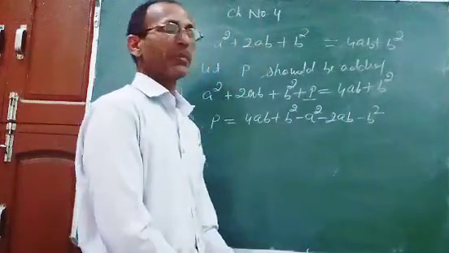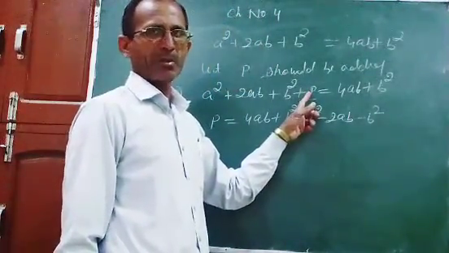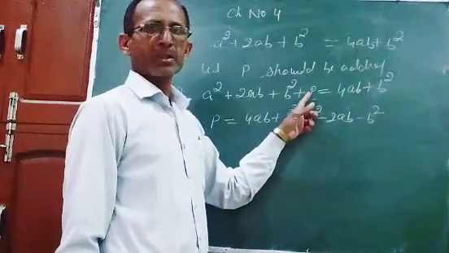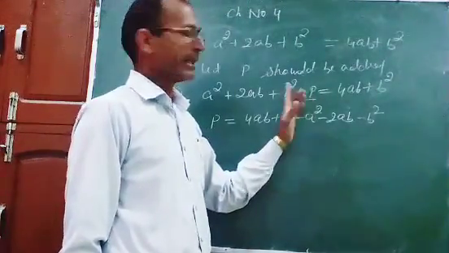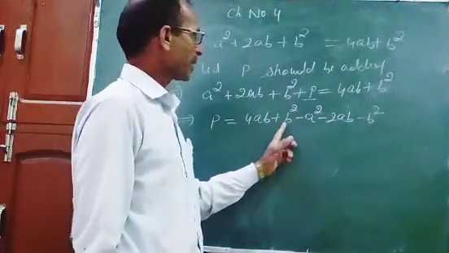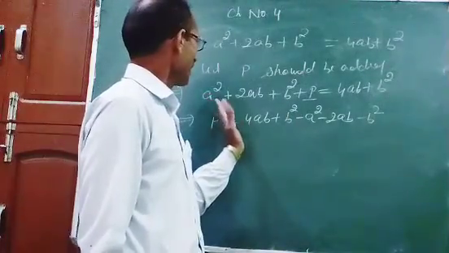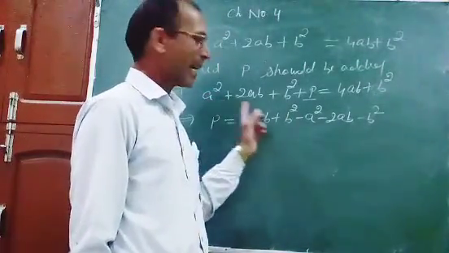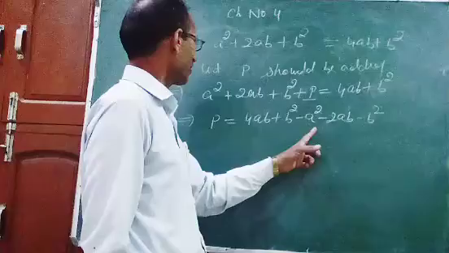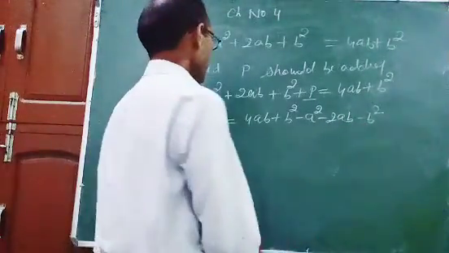So what do we have to find? The value of p, because I assumed p should be added. So keep p on this side. 4ab plus b square was already there. Now change sides, so the signs will change. It will be minus a square, minus 2ab, minus b square.